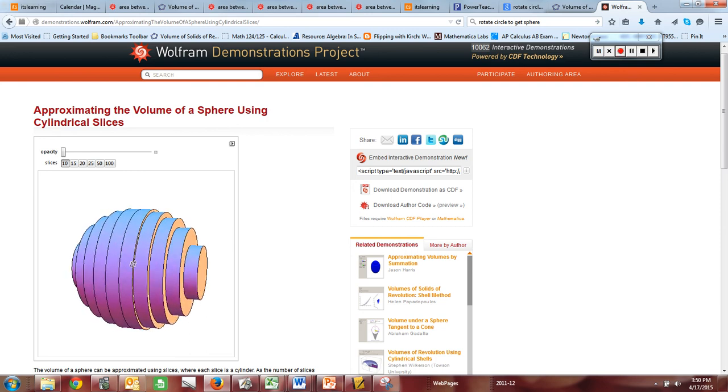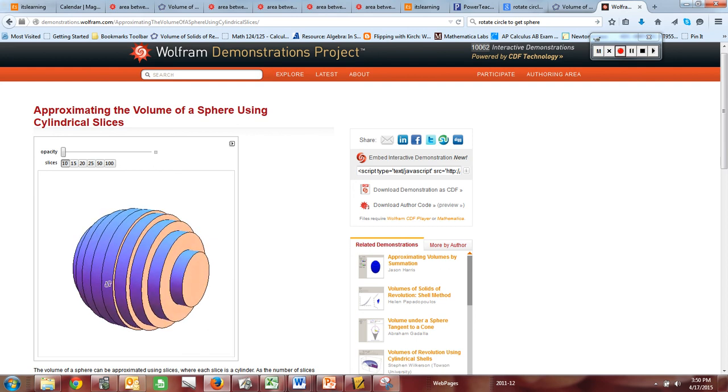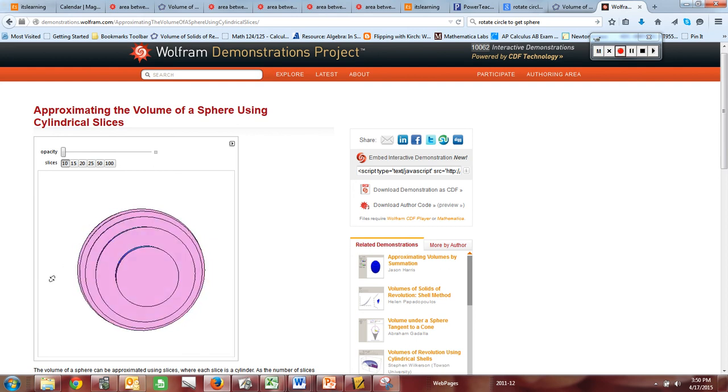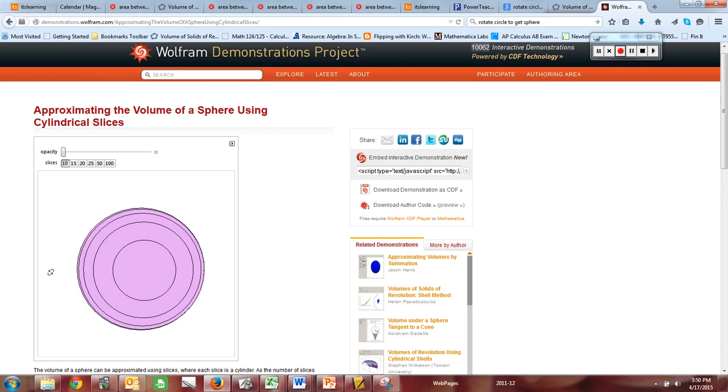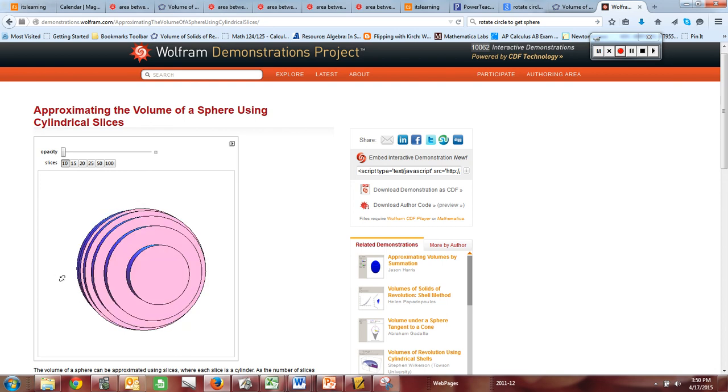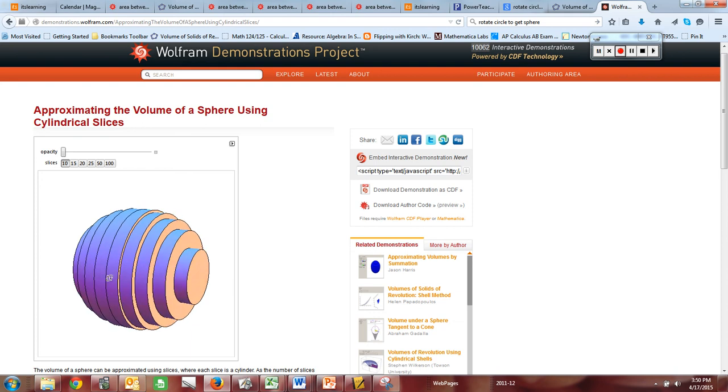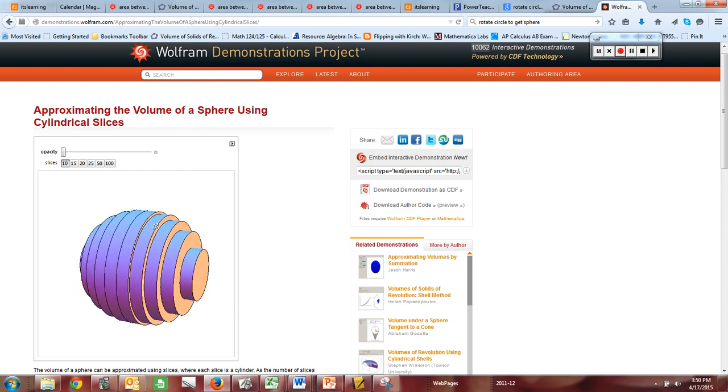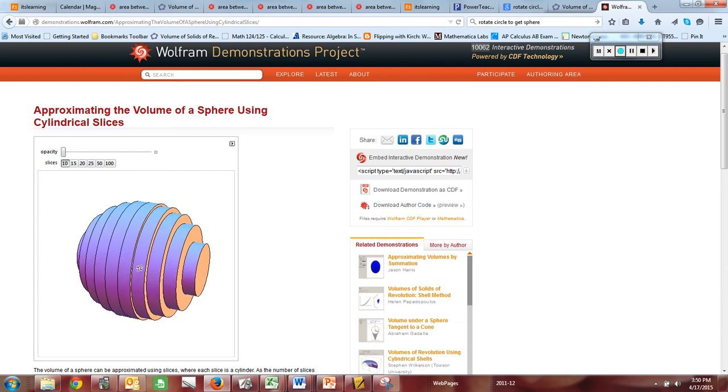But because we're in the three-dimensional world, each time we slice, we get what is essentially a disk, and the disk has a circular base, which is a known area that we're going to be able to find. Then what we need to find for each disk is the radius of the disk, because obviously the radius of the disk is not the same as the radius of the sphere.